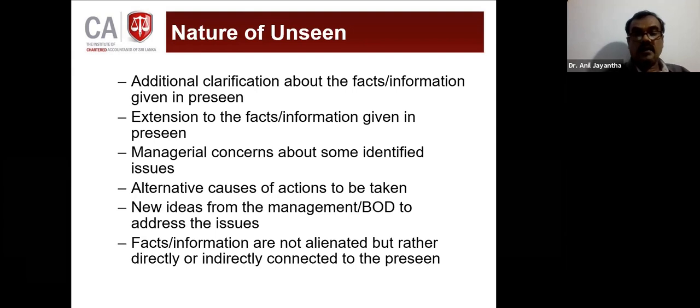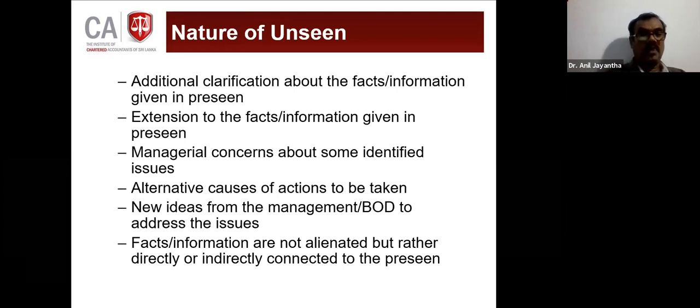deal with additional clarification about the facts and information given in the pre-seen. That is the ideal situation. But mind that some deviations may be there. Additional clarification or new facts also may be there, but little deviation also may be there.